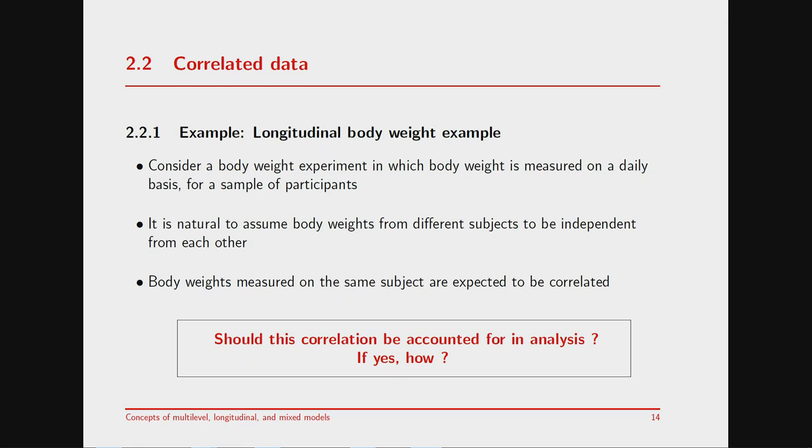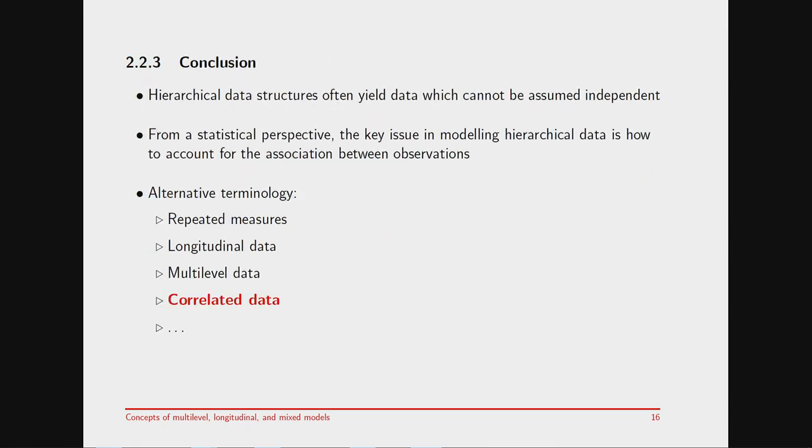But it's because of the correlation that we can no longer use these techniques and that we need to do something else. So an alternative term for repeated measures, longitudinal data, multi-level data could just be correlated data, because that's what we will have to deal with, the correlation in the data structure. If there would be no correlation, there would be no issue, and we would not be here in this course.